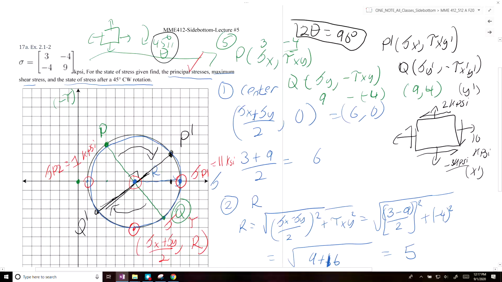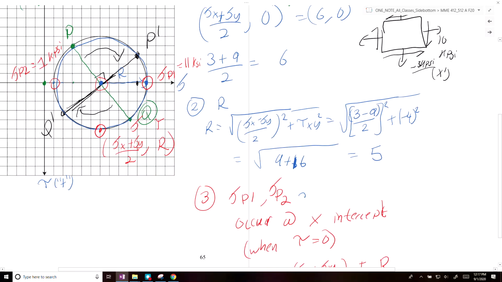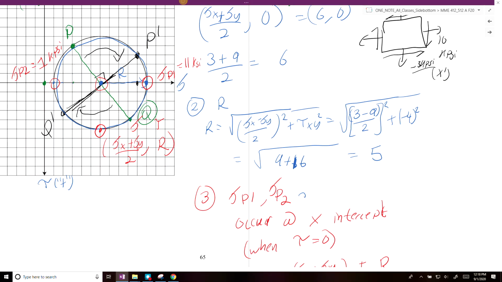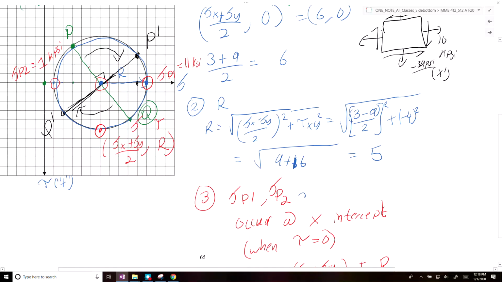All right, so the last thing that you can do on the Mohr circle, which I forgot to mention for the principal stresses, is you can measure this angle from point P to the first principal stress axis here. This angle here, which I'm going to highlight, is going to be called sigma p1. Or sorry, that should not be sigma p1.